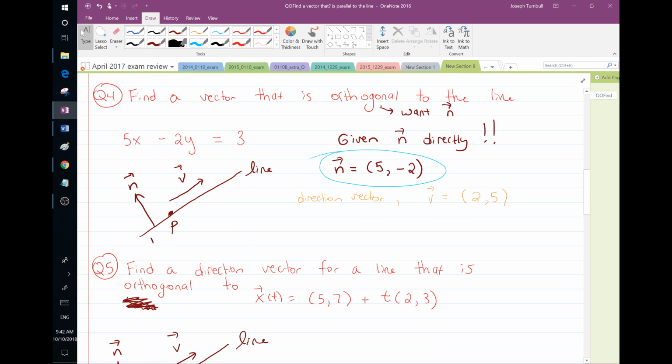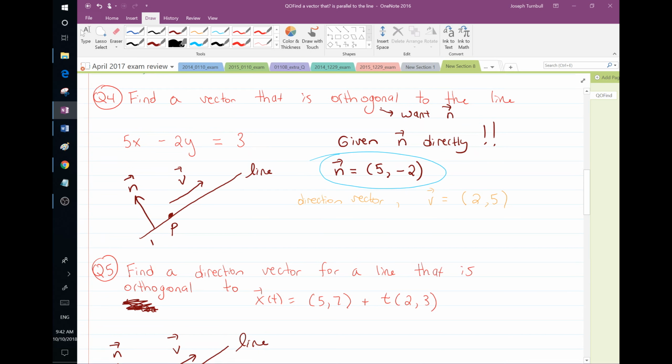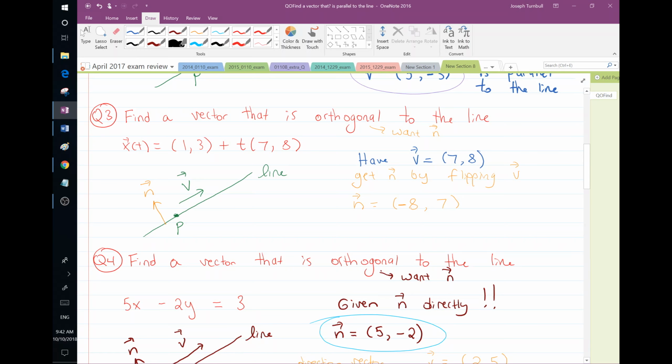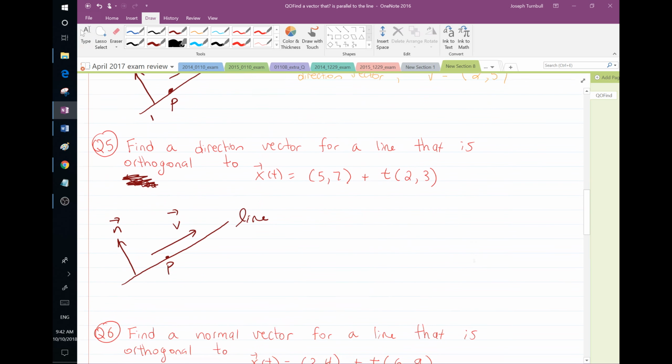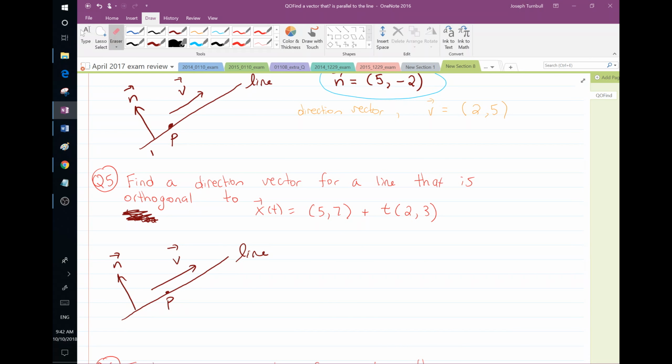Let's see, make sure I answered all those correctly. Yeah, orthogonal. Oh, this is a trick question. I didn't even read it right. So let's read this carefully together. My own question too. Find a direction vector for a line that is orthogonal to this line.